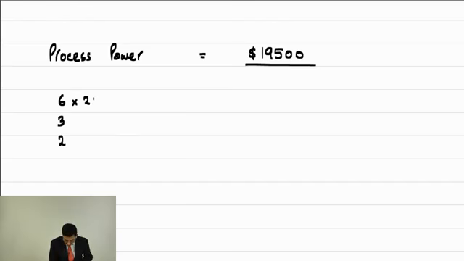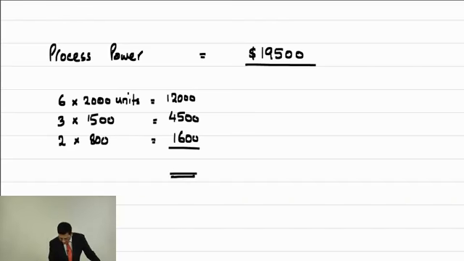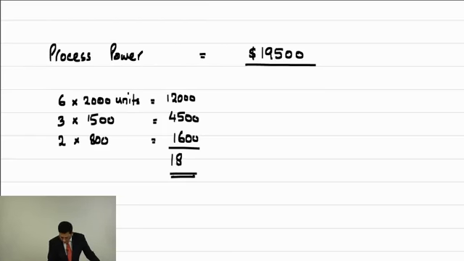There are 2,000 units of X, so 12,000 operations in a year. Times 1,500 units for Y, so 4,500 operations for Y. And times 800 units, we will get 1,600 operations for Z. If we add them together, 12,000 plus 4,500 plus 1,600, it's 18,100.